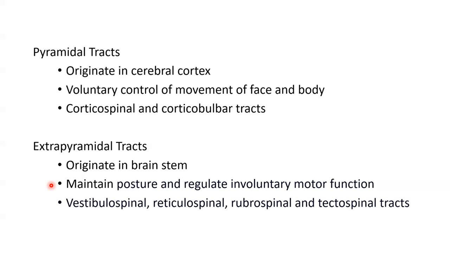This is the muscle contraction that we don't need to think about. Functionally, the extrapyramidal tracts can be divided into four. We have the vestibulospinal, the reticulospinal, the rubrospinal, and the tectospinal tracts. The extrapyramidal tracts are called extrapyramidal because they do not pass through these medullary pyramids.